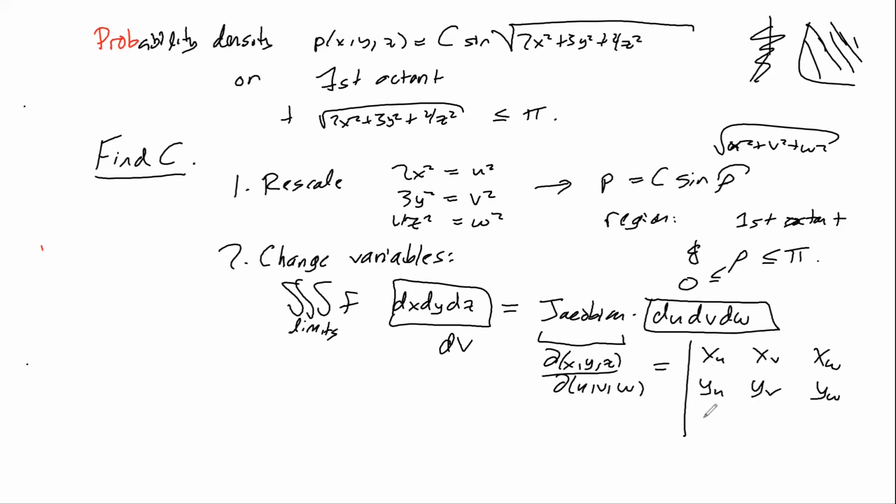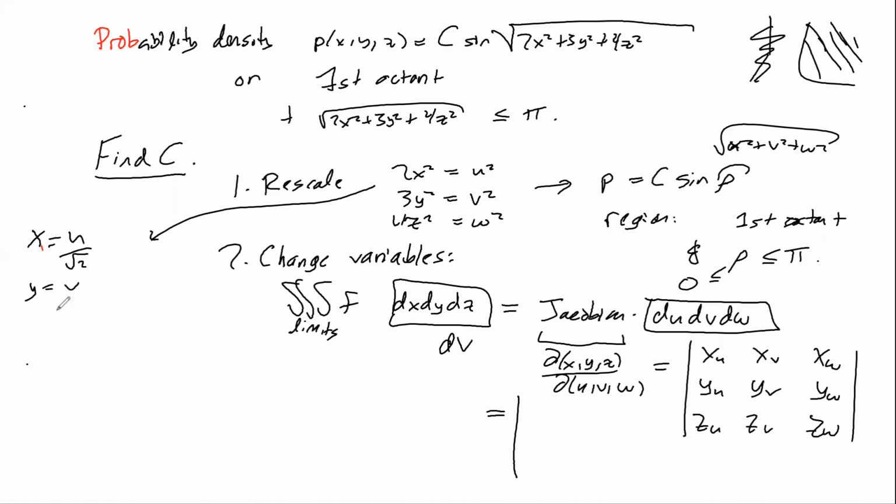And the nice thing about this change of variables, of course, is that it's just diagonal. So I think if you solve for the x's, y's, and z's in terms of the u's, v's, and w's, you just get x equals u divided by square root of 2, y equals v over square root of 3, and z equals w over square root of 4. So you end up with everything 0 except for the diagonals, because partial x over partial v is 0, for example.